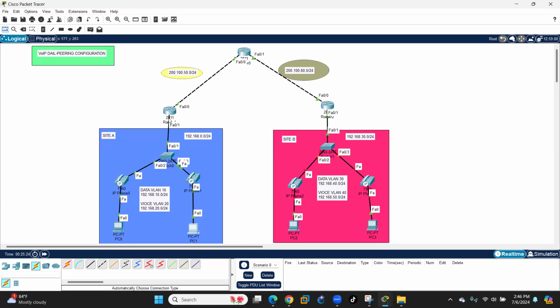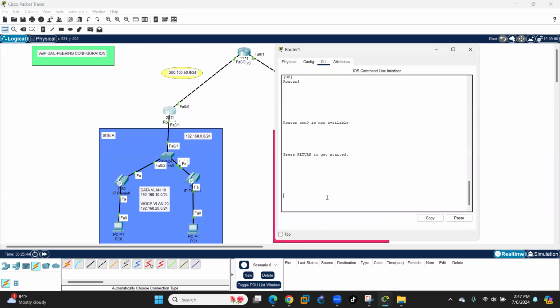Then we have to configure encapsulation on this interface of the router. We've already done sub interfaces because we have two VLANs here. So we have to divide this physical interface into logical interfaces. We've already done sub interfaces, router on a stick, so I'm not going to go over that topic again. I'm just going to go over my configuration. Interface FA0/1.